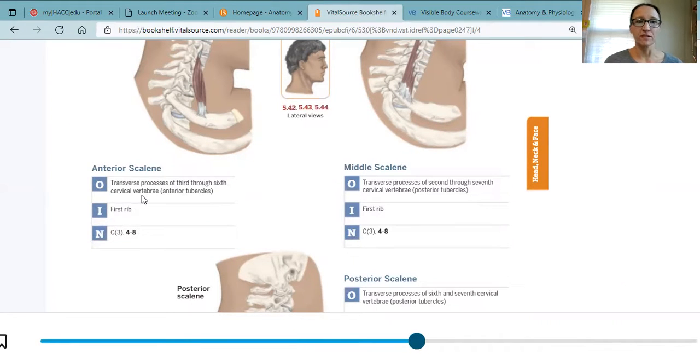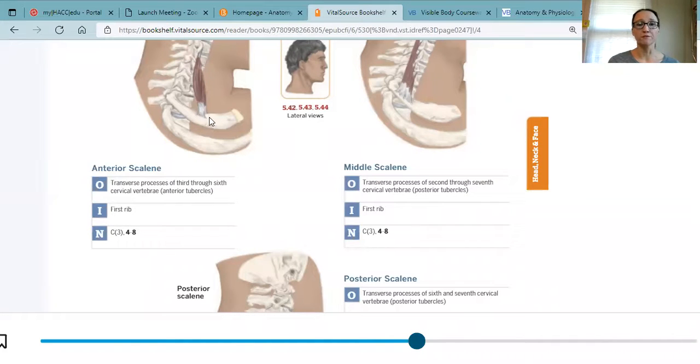If you like to abbreviate or write this stuff down in a different way, if you're visually oriented, it'd be TPs, transverse processes, C for cervical vertebrae, 3 through 6. That is how I remembered these when I was in school, because this was much easier for me to remember than transverse processes of 3rd through 6th cervical vertebrae. Okay? Just another one of those little hints for you.